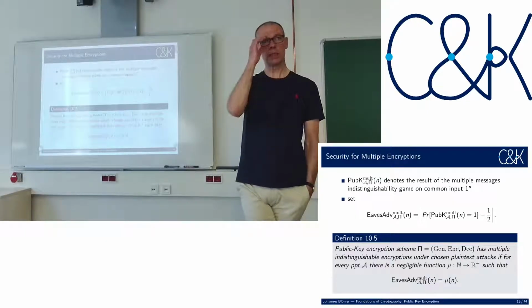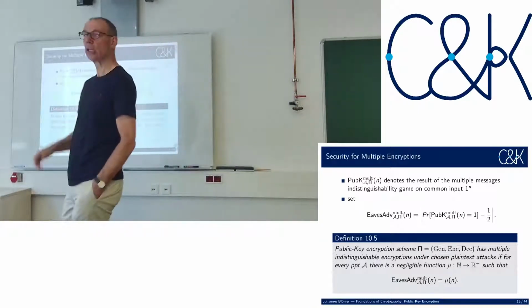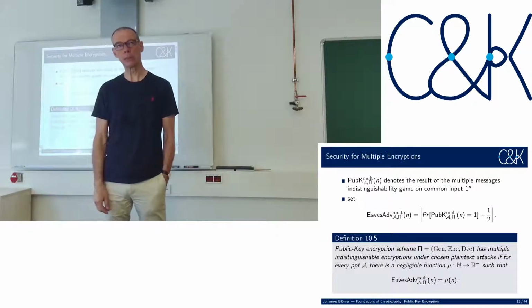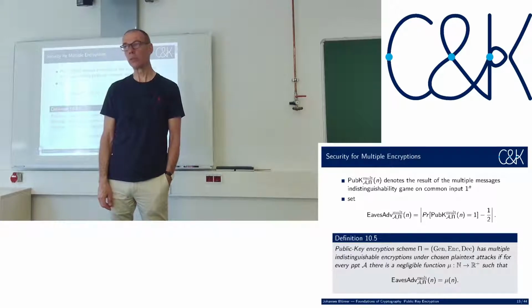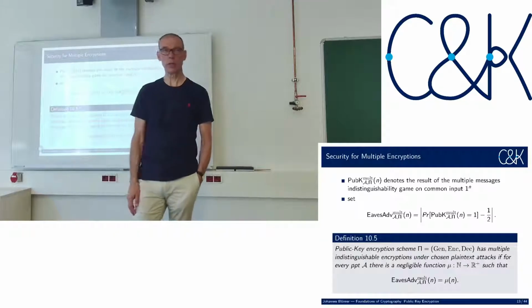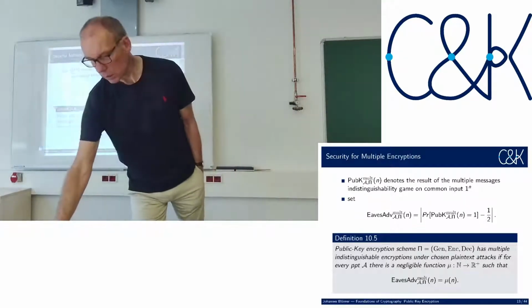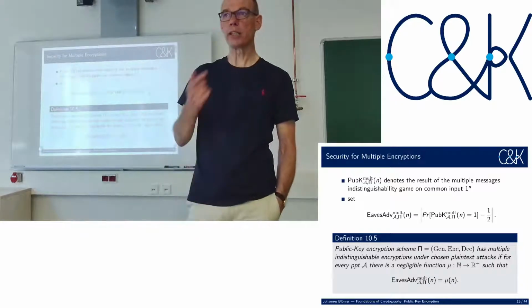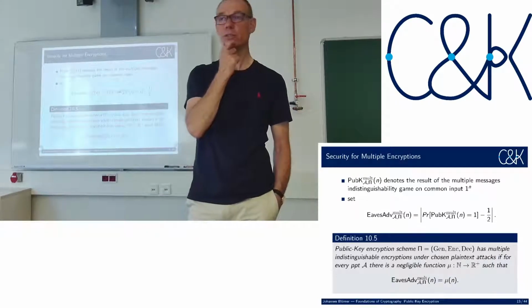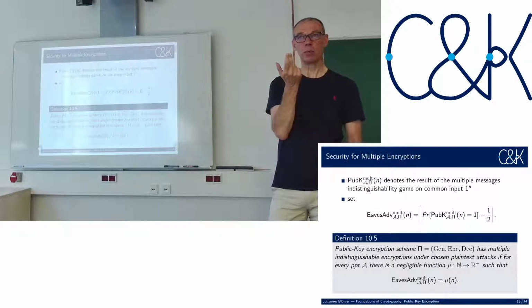The reason was that in the private key setting you can achieve eavesdropping security with deterministic encryptions, and deterministic encryptions cannot have multiple indistinguishable encryptions. That simply doesn't work. But we also saw that CPA security cannot be achieved by deterministic encryptions. Now, in the public key setting, eavesdropping and CPA are the same.